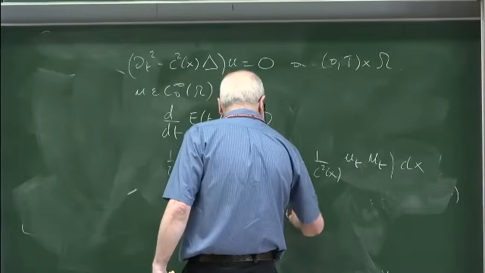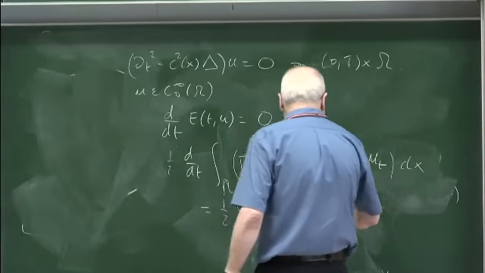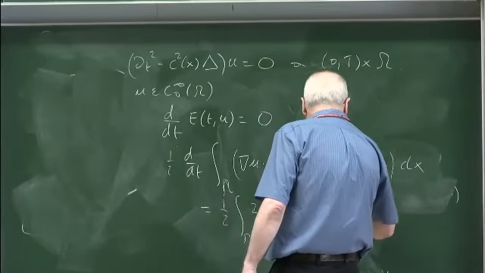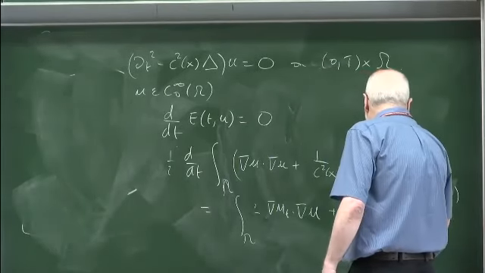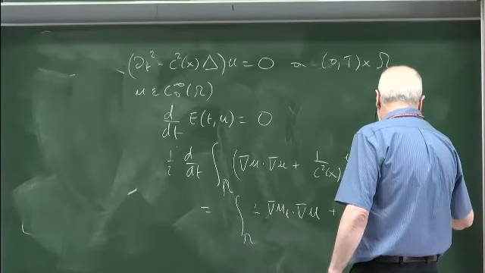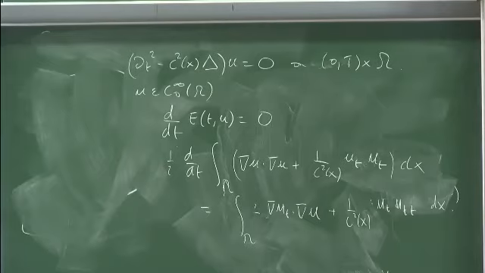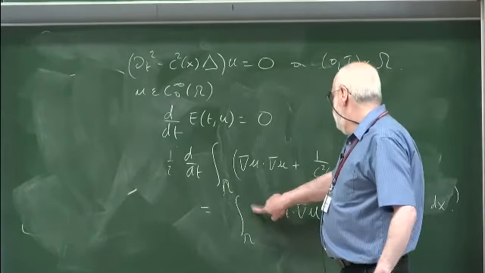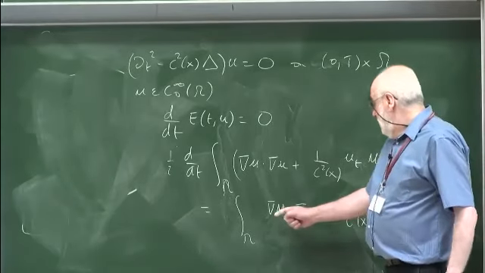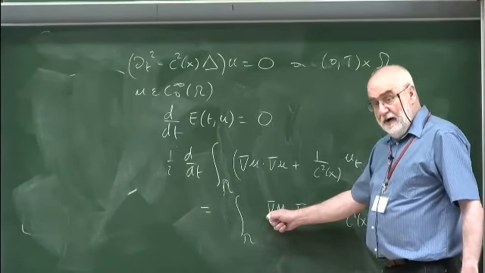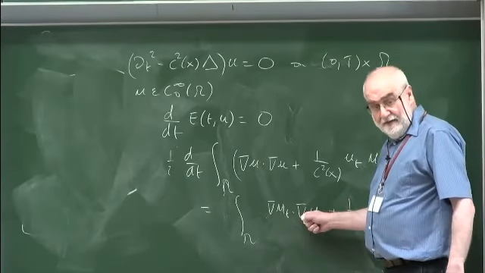Gradient of ut times gradient of u plus 1 over c squared of x, also a 2, so let me just cancel that, utt dx, right? If I differentiate with respect to t. So now I use the divergence theorem, integrate by parts here, and I get the Laplacian, divergence of the gradient, right?